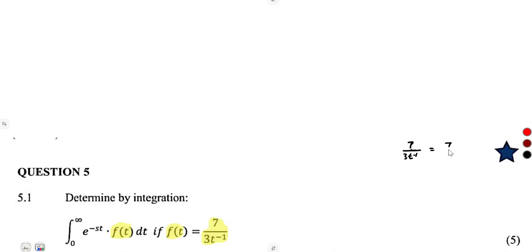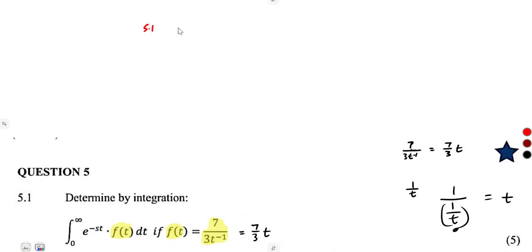It is the same as 7 over 3 times 1 over t to the exponent of negative 1, which is the reciprocal of 1 over t. That's t. So this is the same as 7 over 3t, something that we can properly see.